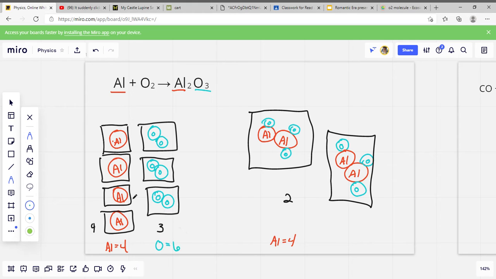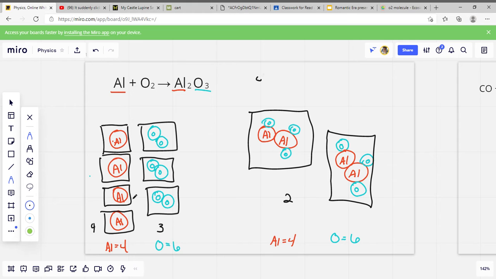For oxygen, we have 1, 2, 3, 4, 5, 6. 6 oxygen atoms in these three O2 molecules. And over here we have 1, 2, 3, 4, 5, 6. So our oxygen equals 6 oxygen atoms in those two aluminum oxide molecules. Alright, so to write the answer would be aluminum, we have 4.